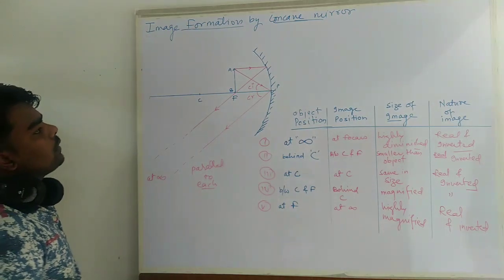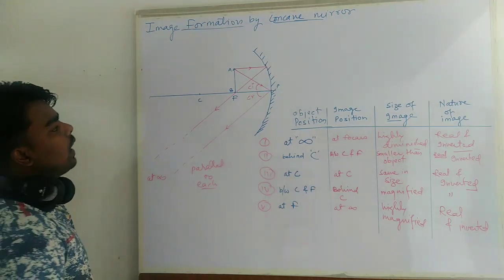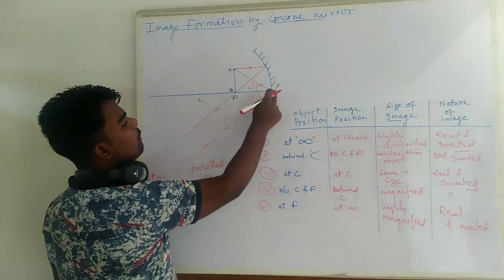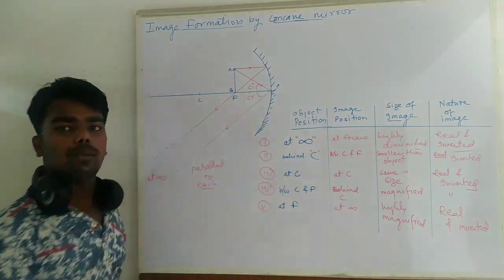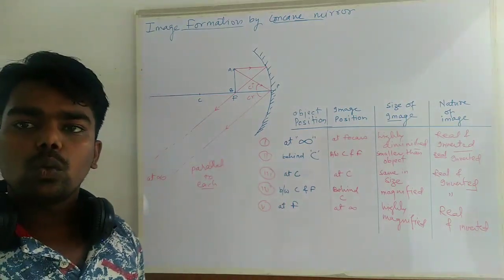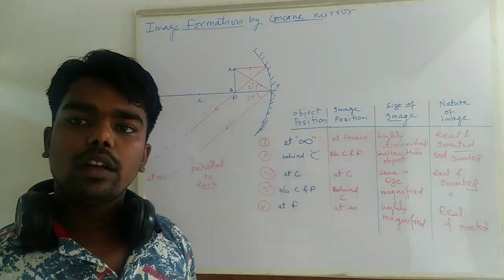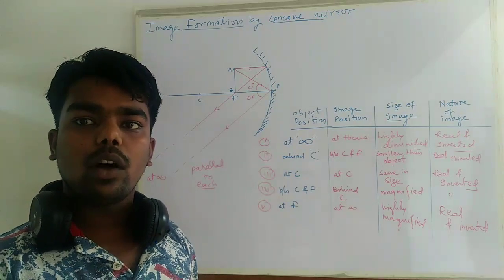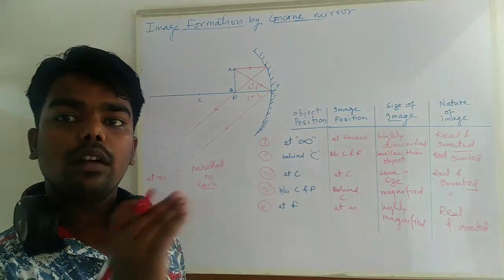Now the last case is left, when the object is placed between P and F. पोल और फोकस के बीच में अगर ऑब्जेक्ट रखा है तो उसकी इमेज कहां जाके बनेगी? Now we will see that. Okay, when the object is placed between pole and focus.